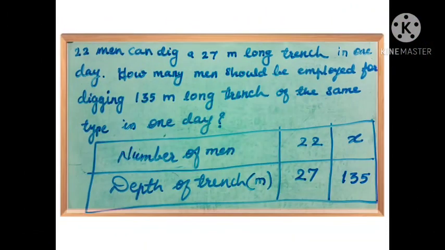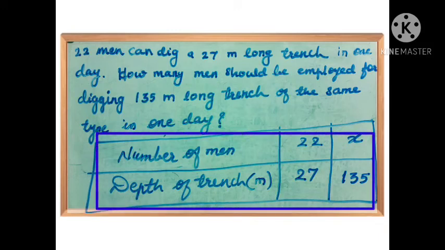The next example. 22 men can dig a 27 meter long trench in one day. How many men should be employed for digging a 135 meter long trench of the same type in one day? Dear students, observe this chart. Here we will take the number of men with the length of the trench in meters. That is 22 upon 27 equals x upon 135.